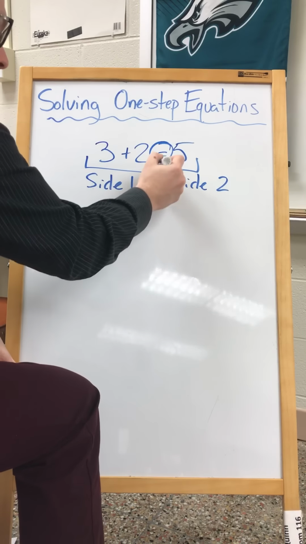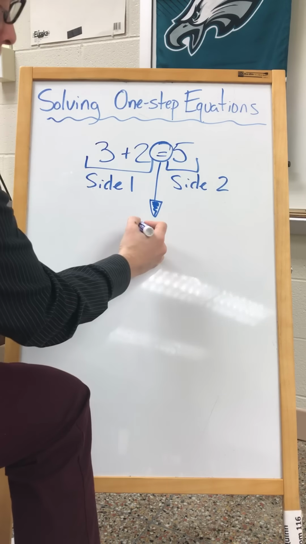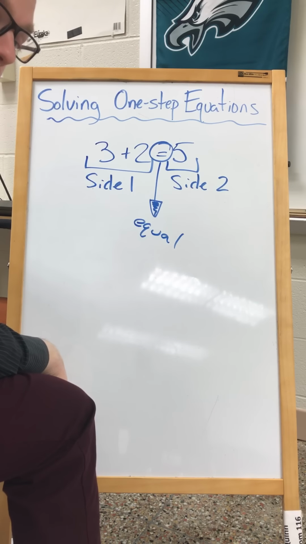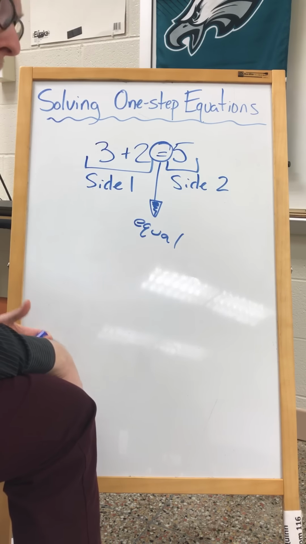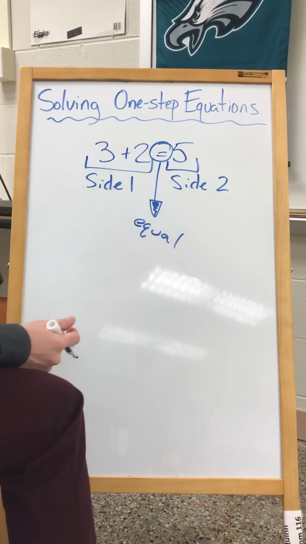This right here tells us that everything on side 1 is equal to everything that is on side 2. So when we think about the word equation, we know that it's something that has to contain an equal sign.